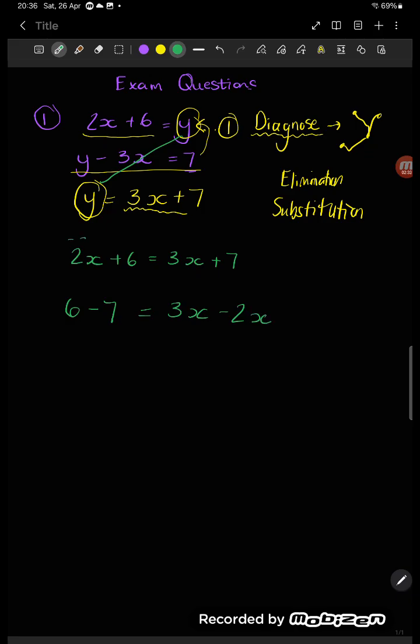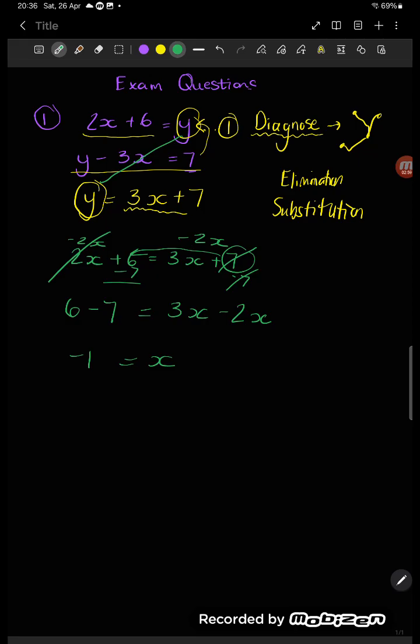Remember, what I do to the one side, I do to the other side. This makes this 0. And your teacher will say, take this to the other side and change the sign. But what we're really doing is we're saying minus 7 this side, minus 7 this side. This becomes 0. This comes to the other side. So I've got minus 1 is equal to x. And that's pretty much my equation.